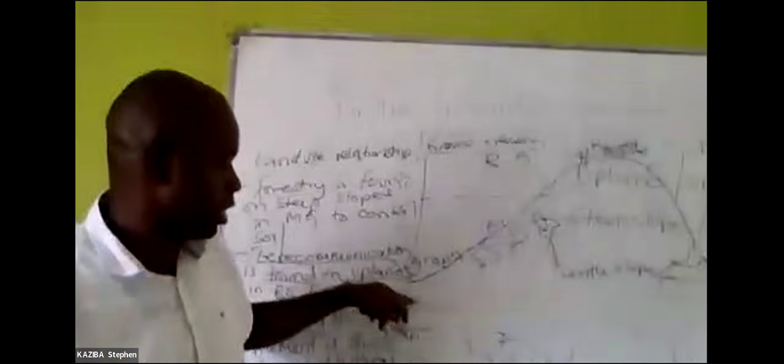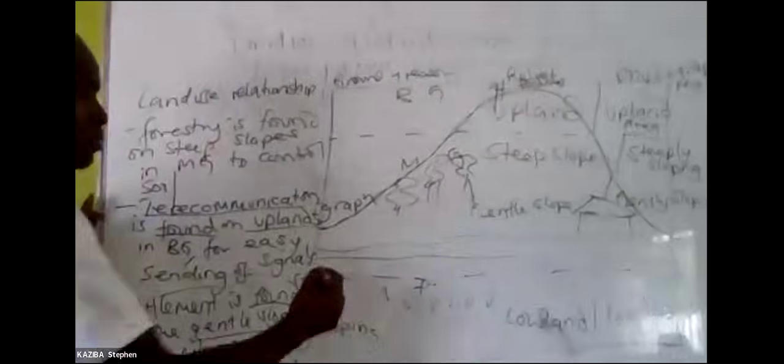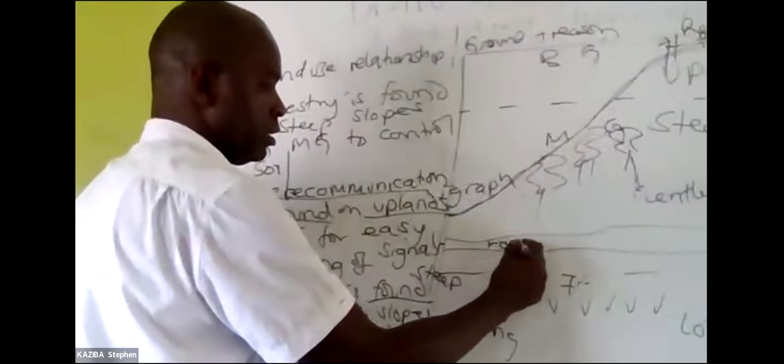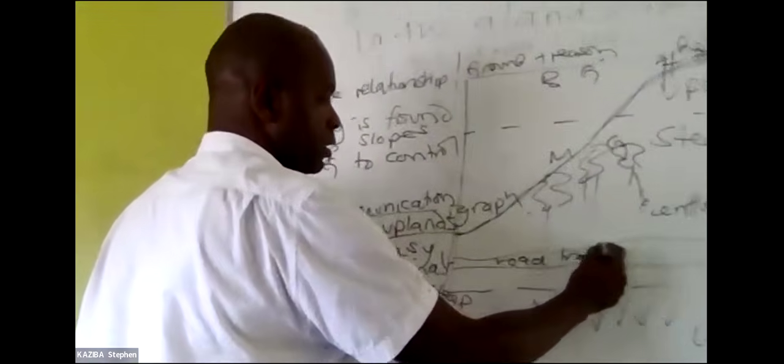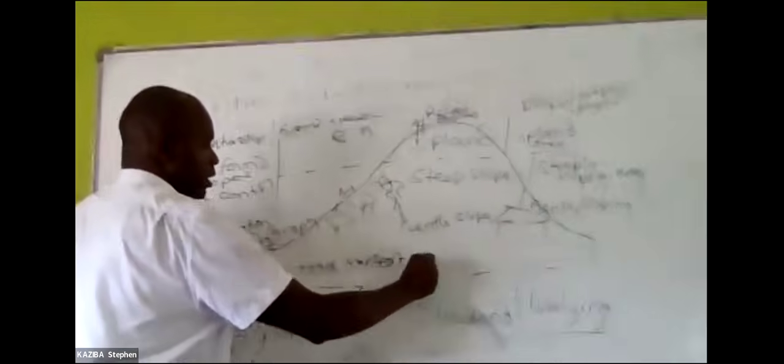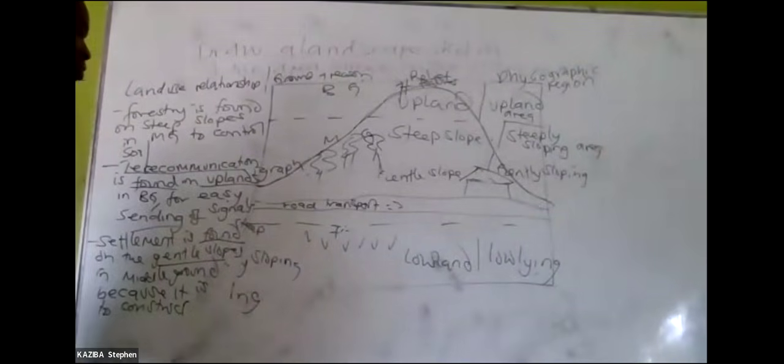For example, you have transport. Road transport is found on the gentle slope in the middle ground or foreground, and the reason is it's very easy to construct. So we're done with describing relationship.